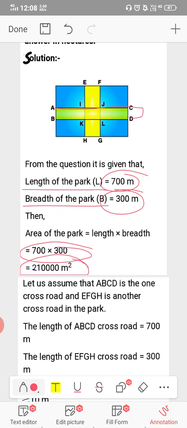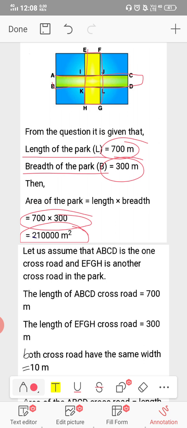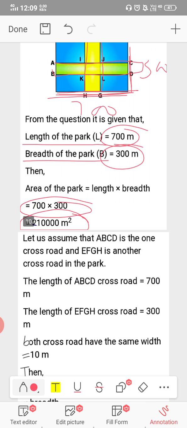Suppose one crossroad is this and another crossroad is this. The length of ABCD crossroad is 700 because this line is 700 and this line is 300. Both crossroads have the same width, 10 meter.